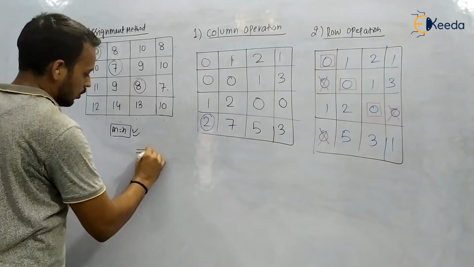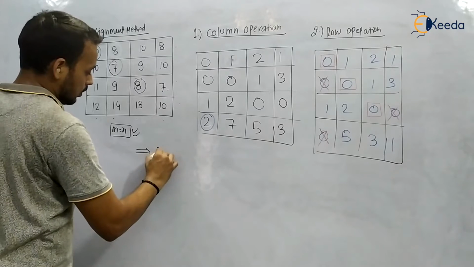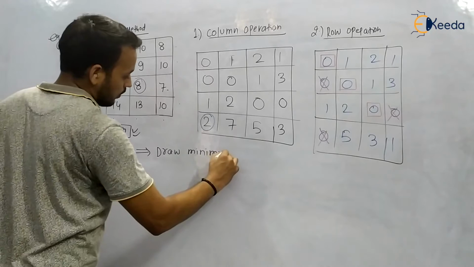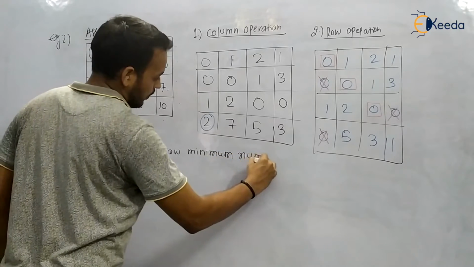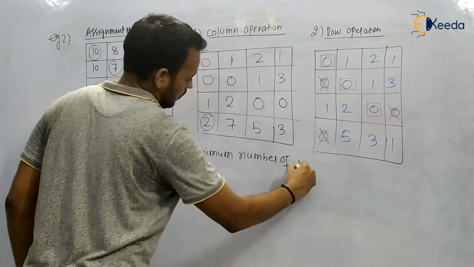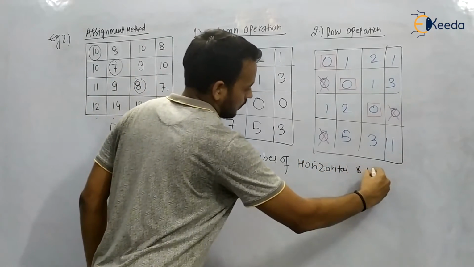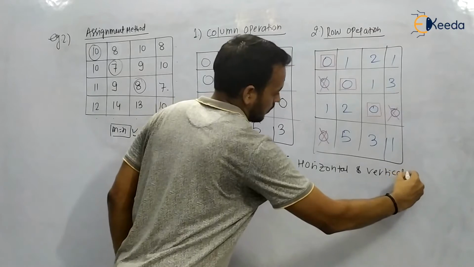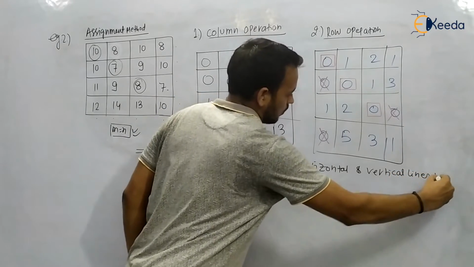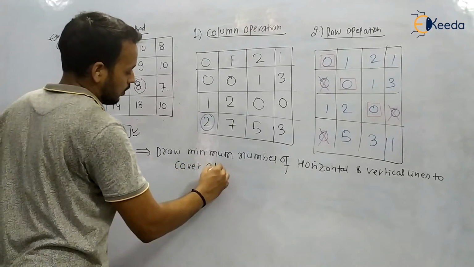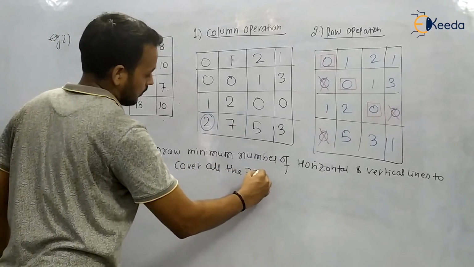You have to follow some steps. Draw the minimum number of horizontal and vertical lines to cover all the zeros.